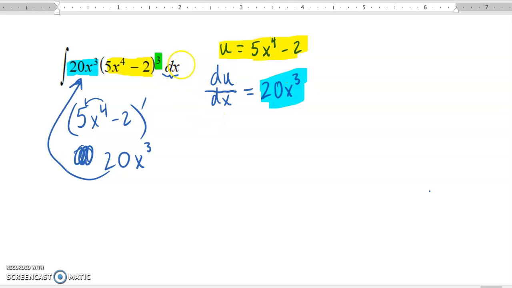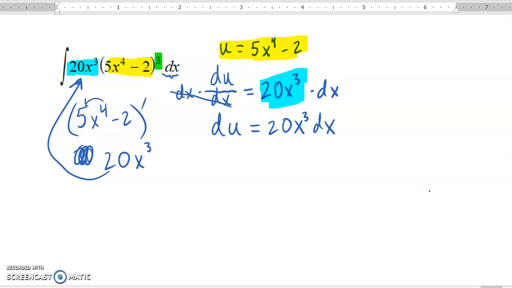But I'm going to have to substitute for dx too. You can multiply both sides by dx and get du, the derivative of u, is equal to 20x to the third dx.